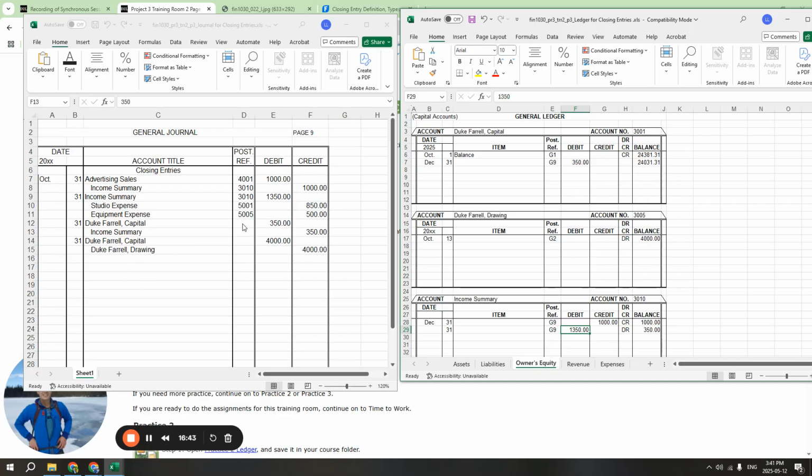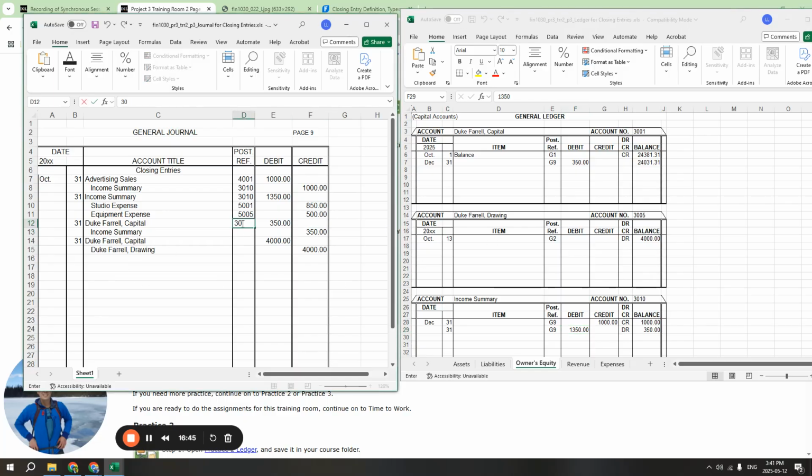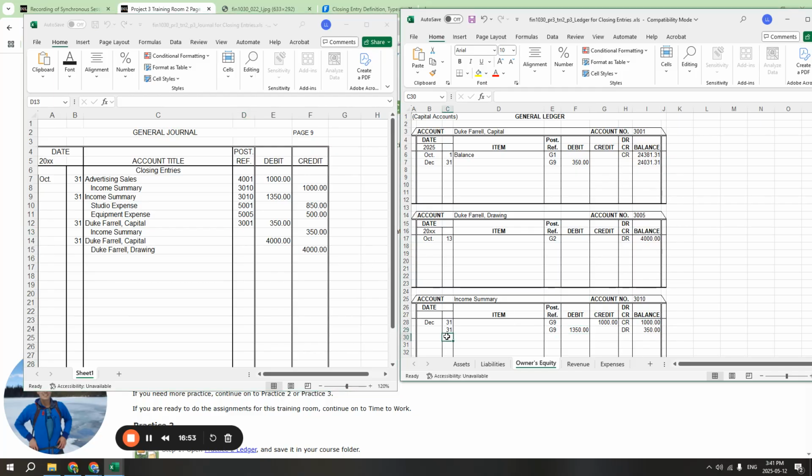So his business lost money. So this was on account 3001. Income summary, we're going to credit $350. So income summary, G9, credit 350, and that brings us to a balance of 0. And that was on account 3010.